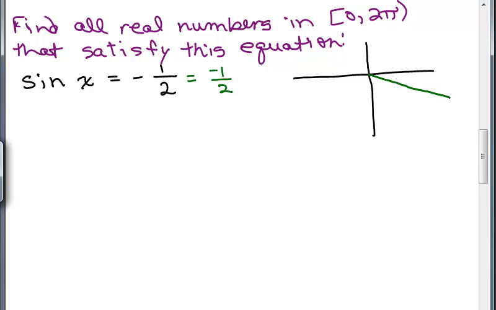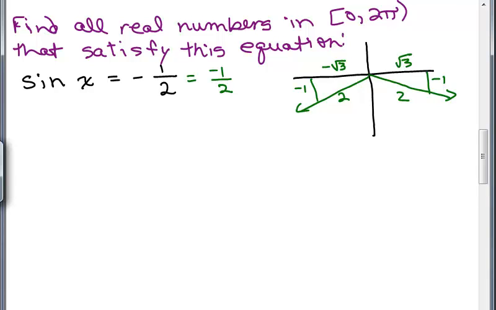So here's one of them, and here's the other one. If you draw the little special triangles here, this would be square root of 3, -1, 2. This would be negative square root of 3, -1, 2. So you do have to know your special angles.